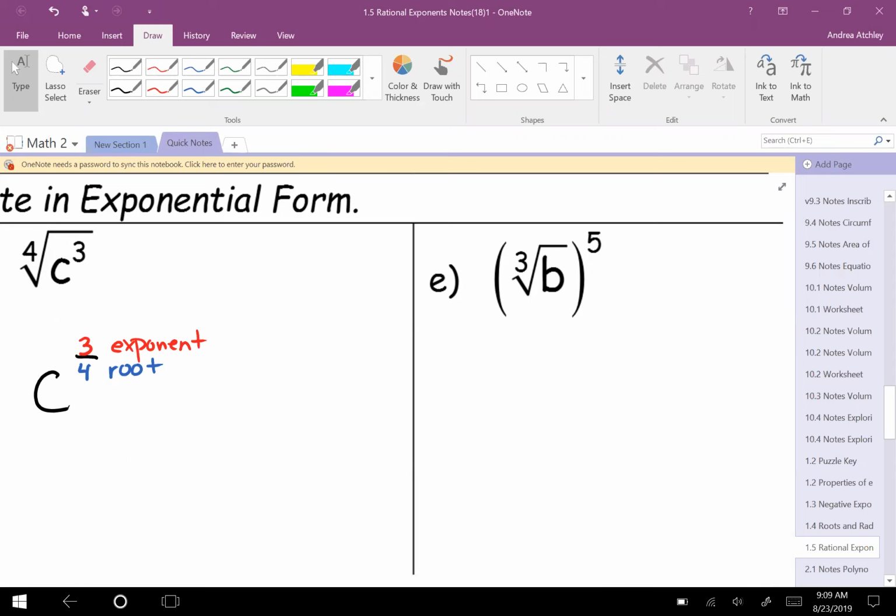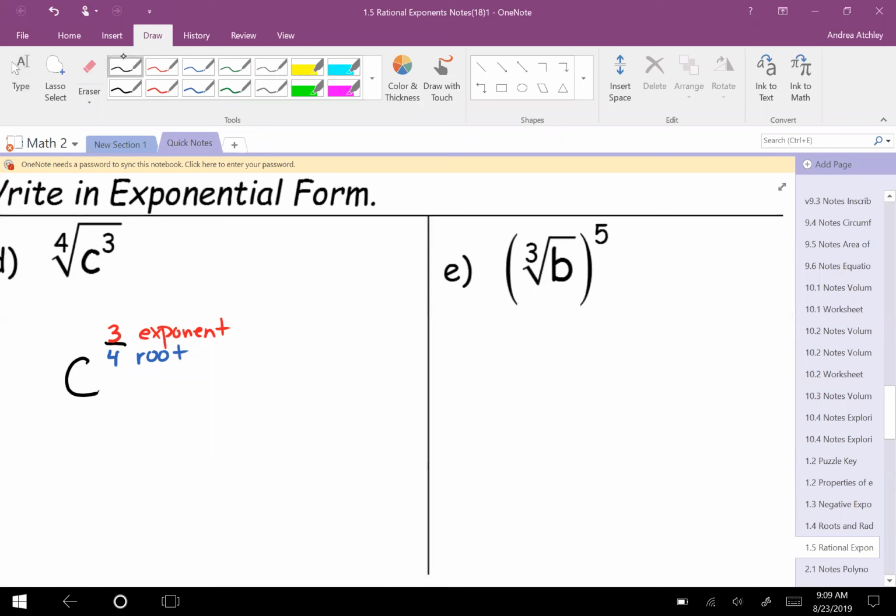Okay, it has an exponent of 5, right? So the 5 goes on top. Then what? 3 goes on the bottom. Right? That's all it is. Exponent on top, roots on the bottom. So it's b to the 5 over 3. Any questions over that? We're good?